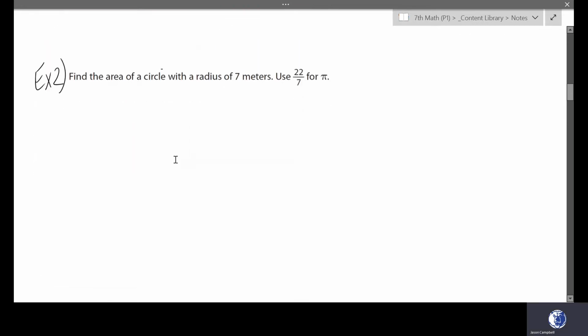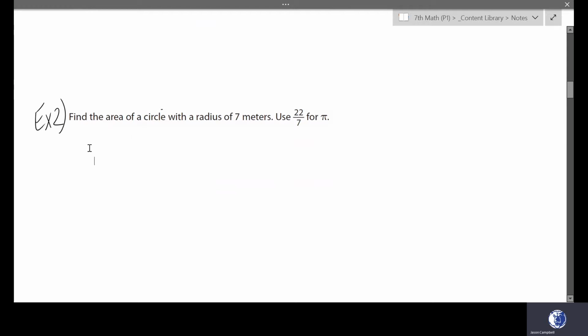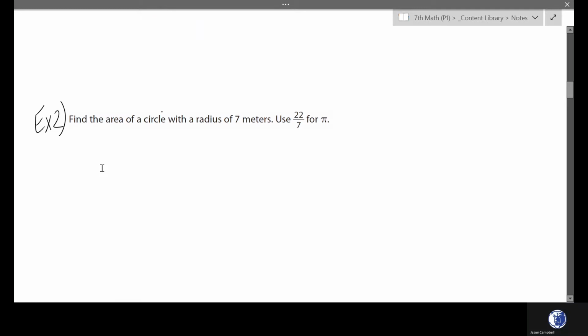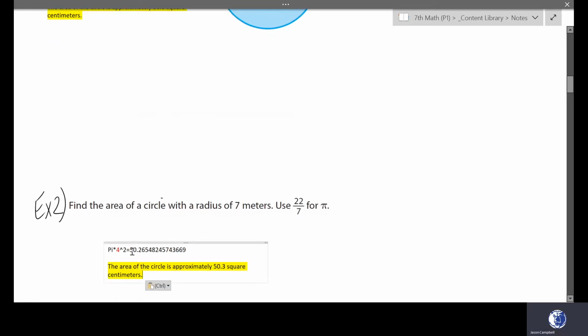Example 2. Find the area of a circle with a radius of 7 meters. Looks like I lost my template here, so I'll copy this one, and then we will fix it.